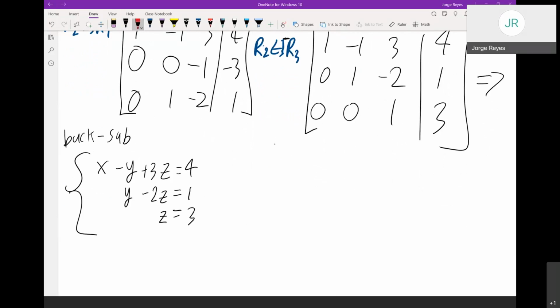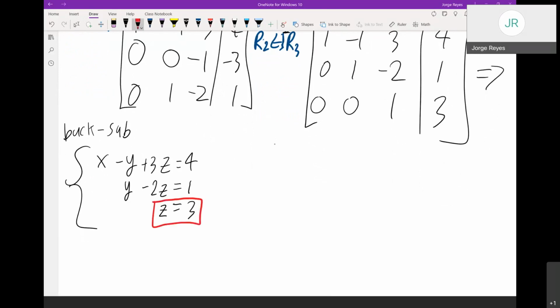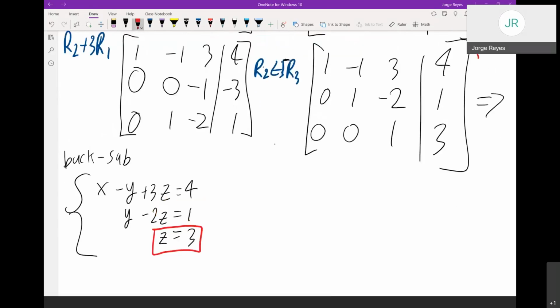And we notice, oh, we already have one of them. And so if you translate back at this step, we can do what's called back substitution. Back sub. So what this means is I have z is 3. So let me plug that into this one. So I get y minus 6 equals 1.